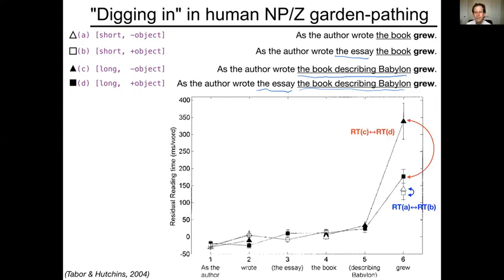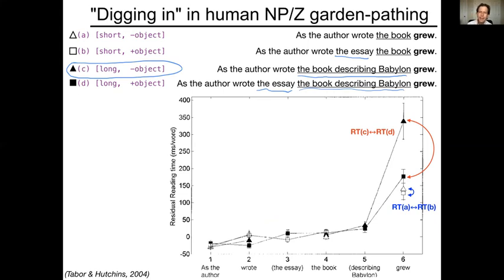Interestingly, in the human data, increasing the length of the ambiguous region actually increases the processing difficulty effect that occurs when you have garden path disambiguation. So the most difficult condition here is actually not the highest surprisal condition for the artificial models. The most difficult condition for humans is this condition C, where there was a garden path ambiguity, and then people had to revise and correct the misinterpretation only after a longer stretch of text had intervened.